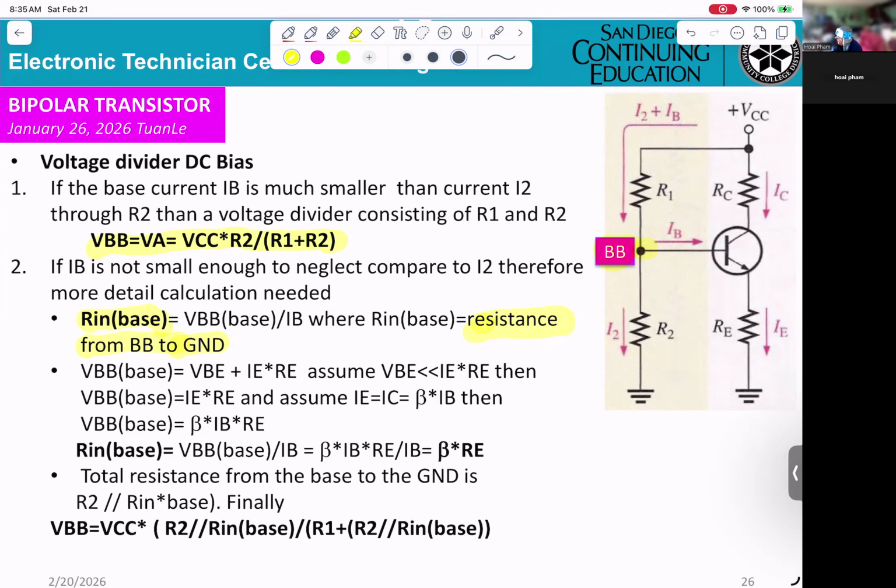So VBB equals VCC times R2 parallel R in base, divided by R1 plus R2 parallel R in base.